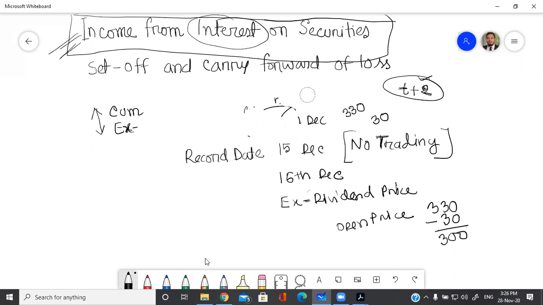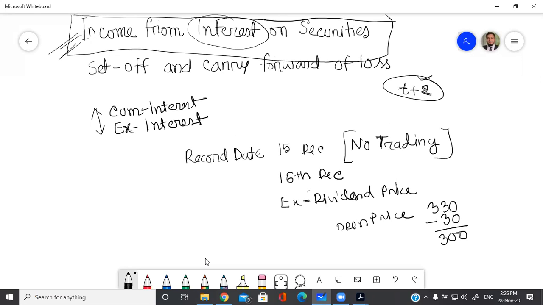So I am erasing this dividend wording. I just would like to add here cum interest and ex interest. Okay. So say there is a due date for interest payment, like this record date. So what does it mean?